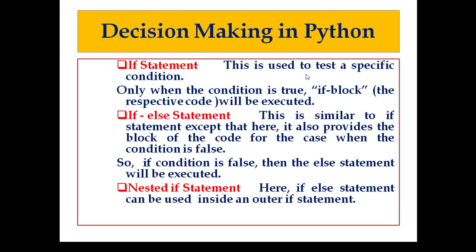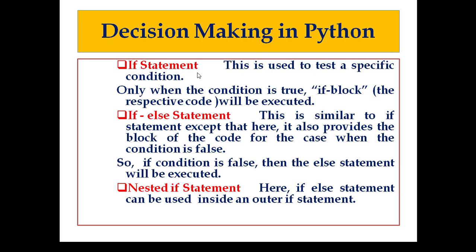So in Python we have different decision making programming constructs, and they are: the first one is the if statement, the second one is the if else statement, and the third one is the nested if statement. Coming to the first one, the if statement.